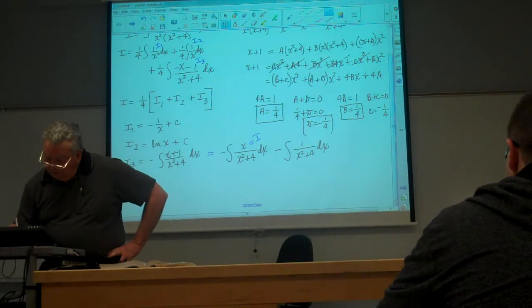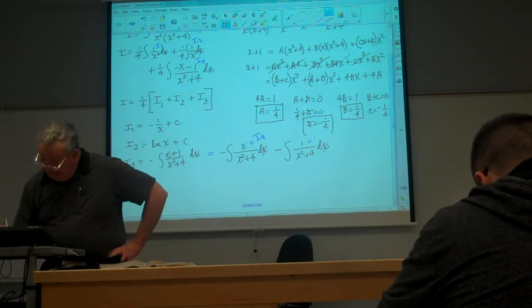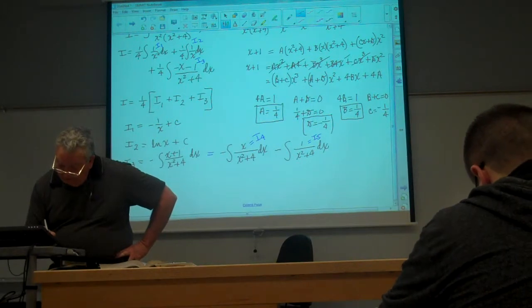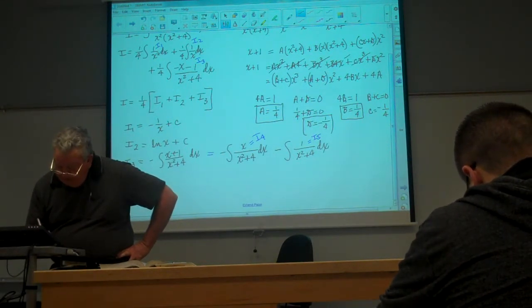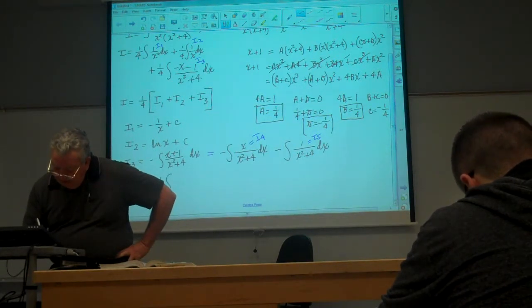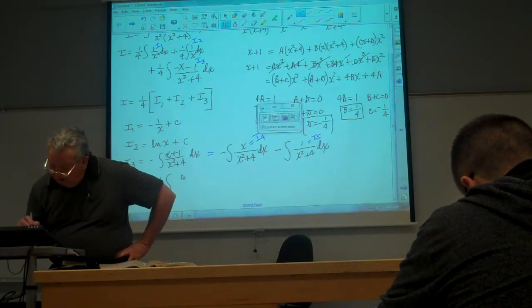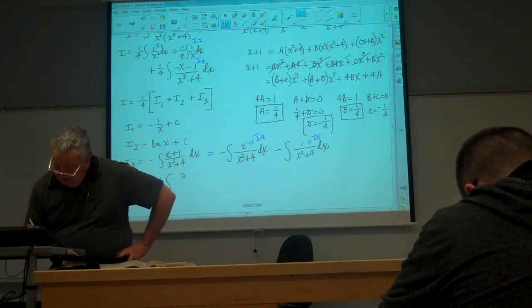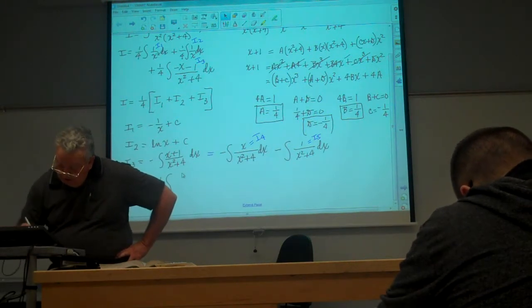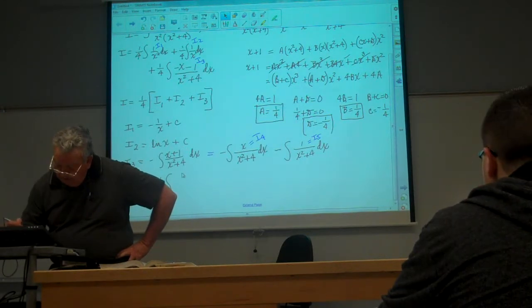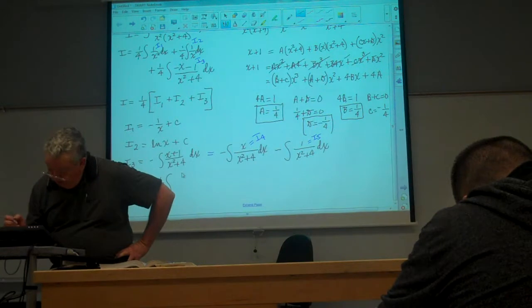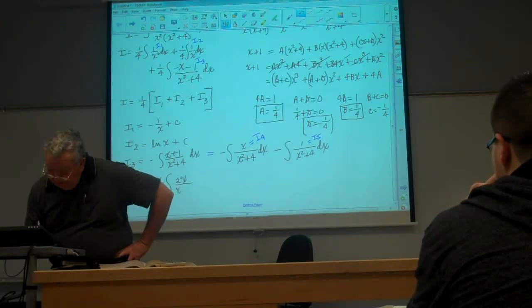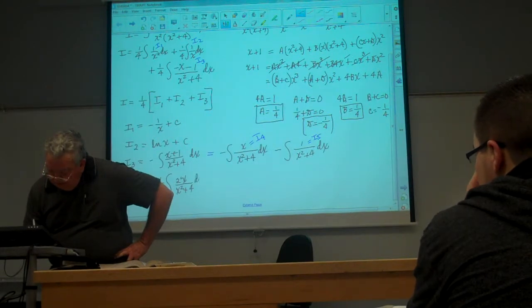This is I4, and this is I5. So I4 is equal to then minus 1/2 times the integral of 2x over x squared plus 4 dx.